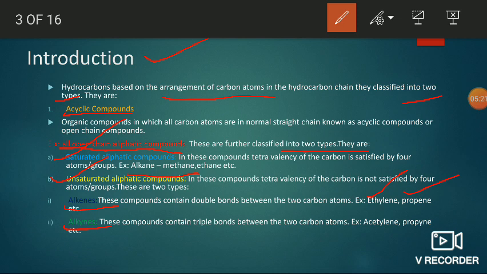In the case of alkynes, the compound contains carbon-carbon triple bonds. In the triple bond, one is a sigma bond and the other two are pi bonds. The best example for alkynes is acetylene, propyne, etc. Okay, this is about all the open chain aliphatic compounds, which are examples of acyclic hydrocarbons.